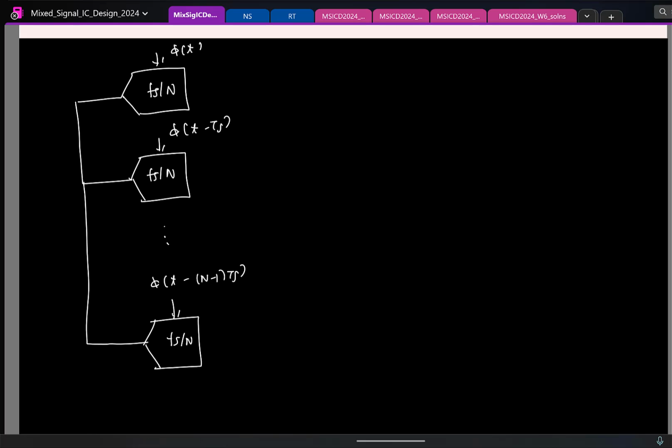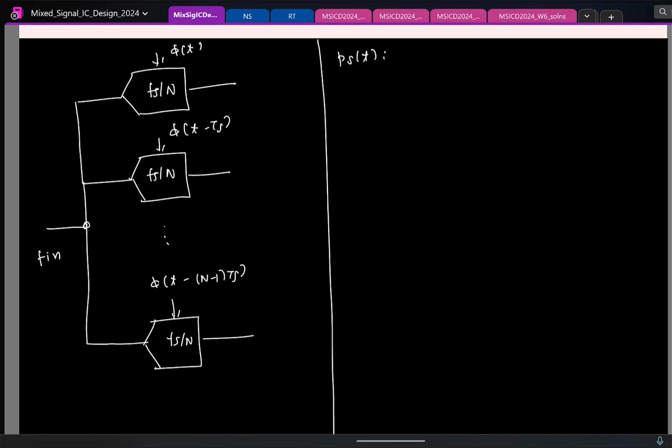So once again here, if I feed in a sinusoid at f in, I am sampling at fs by n. At what all frequencies will I see the aliasing parts? Okay, let's do it this way. Phi of t, or let's say the p delta of t here, it's going to be an impulse train.